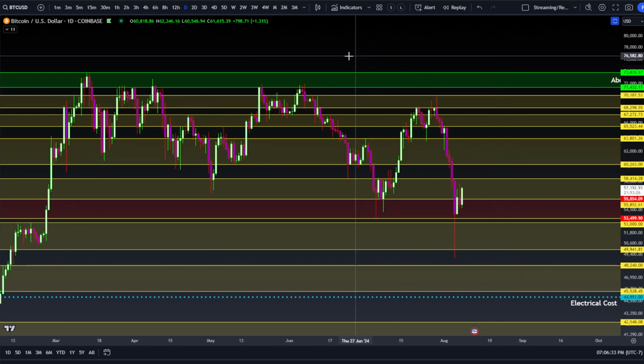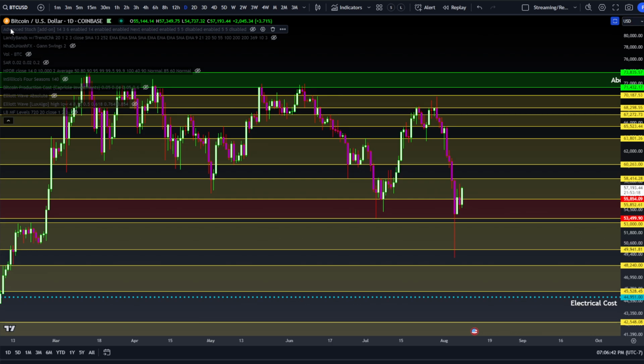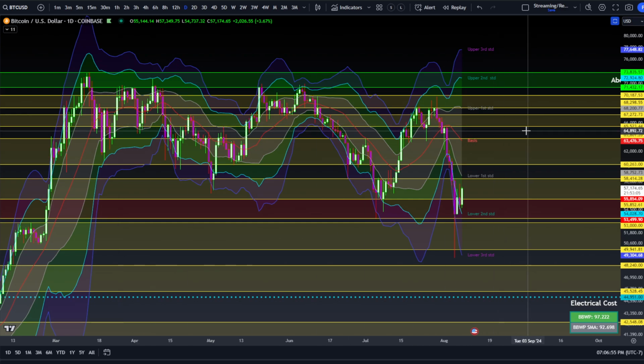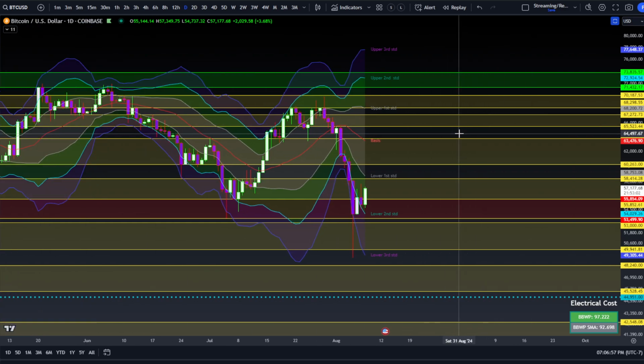So things are changing. Now that we have the trend, the support and resistance out of the way, and I've explained pretty clearly, a lot of this is for a lot of the people that are a little bit newer to my analysis. A lot of this is broken down so that it can be a little bit easier for people who are newer to understand.